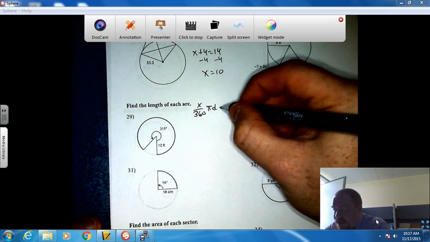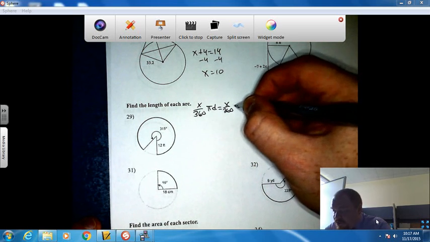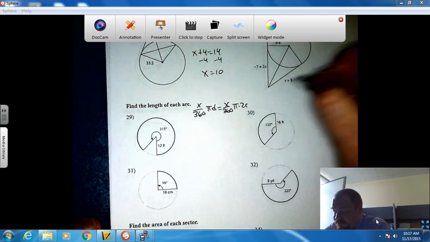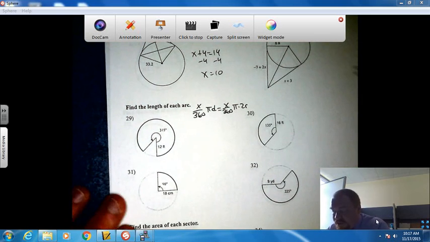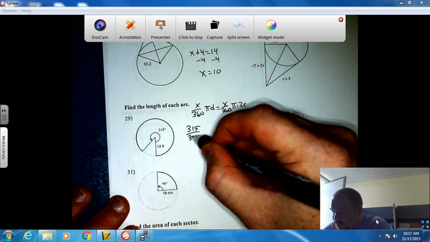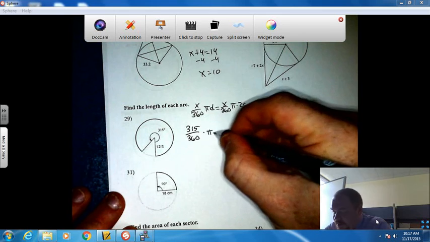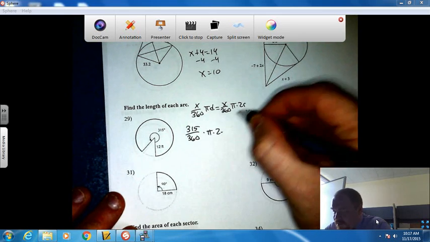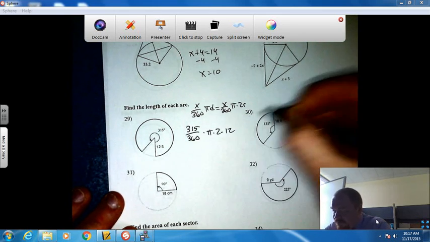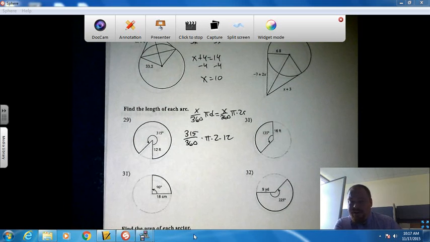And diameter, if you remember, is 2 times the radius. So that's what we're going to be operating with. So in this case, I got 315 over 360 times pi times 2 times the radius, which is 12. So this is where it's time to get out the calculator.